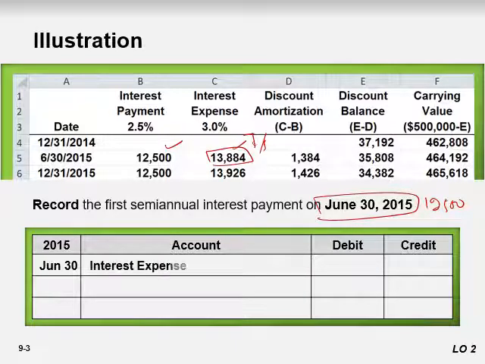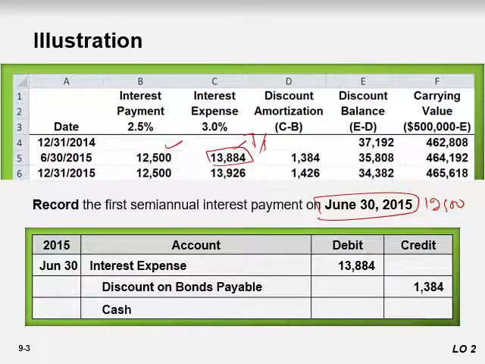Interest expense to discount to cash, right? So basically you decrease the discount. Increase in expense means debit, and decrease means credit, right? This would be the entry.